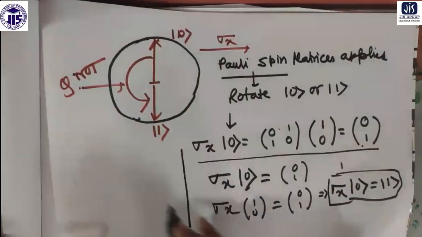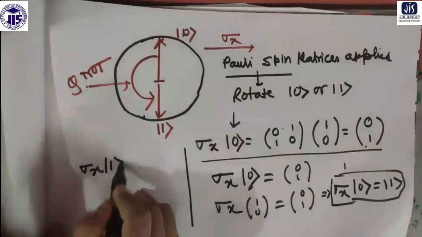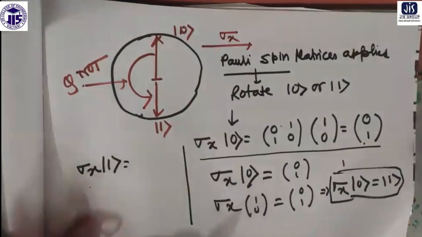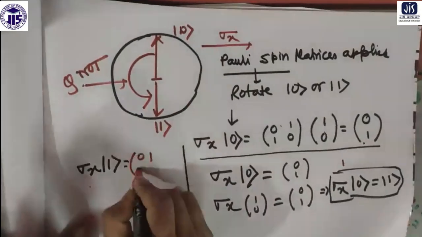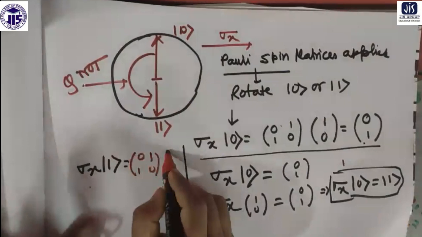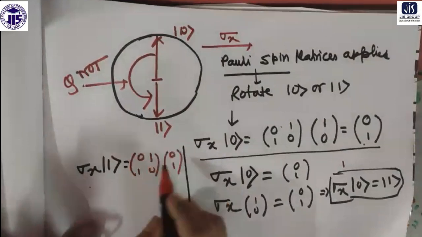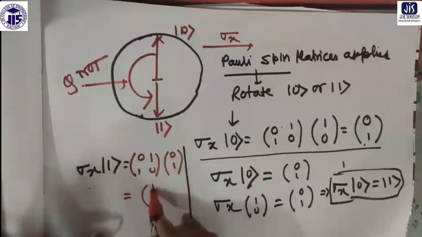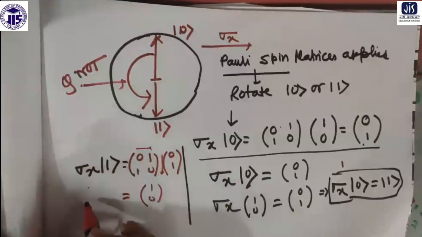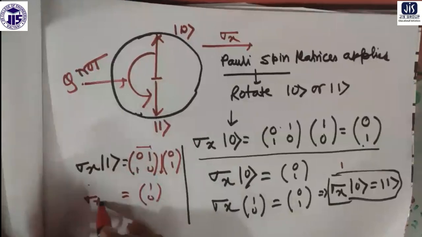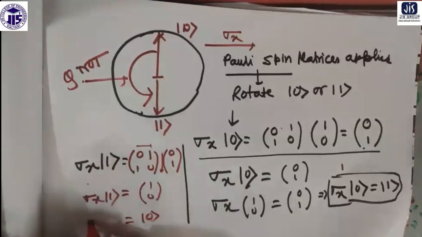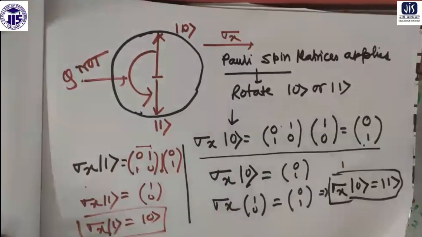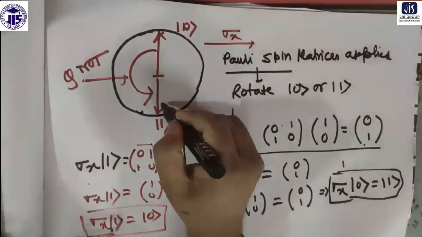If sigma x was acting on 1, it would be like this: 0, 1, 1, 0, multiplied like this. If you have got 1, it gets turned into 0, and if you have got 0, it gets turned into 1.